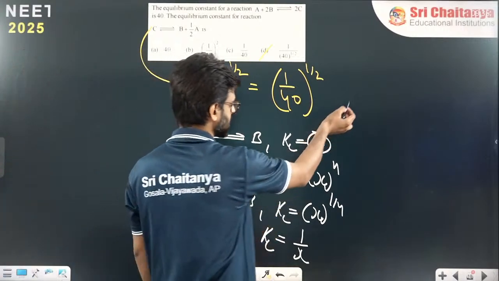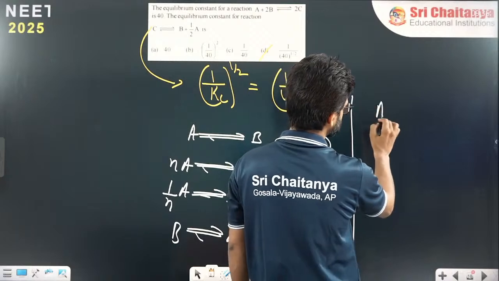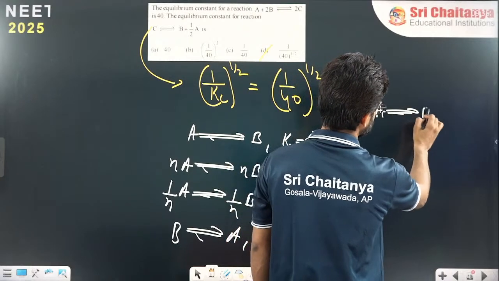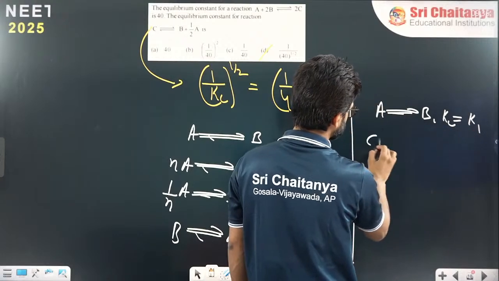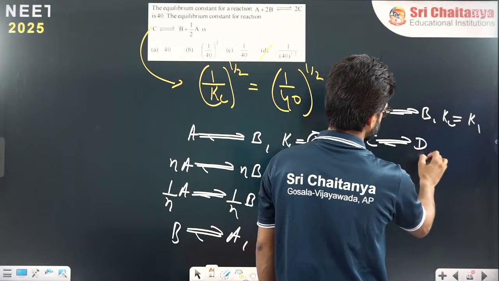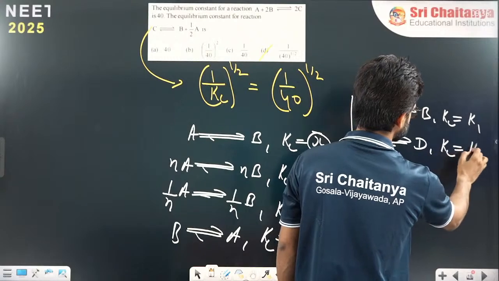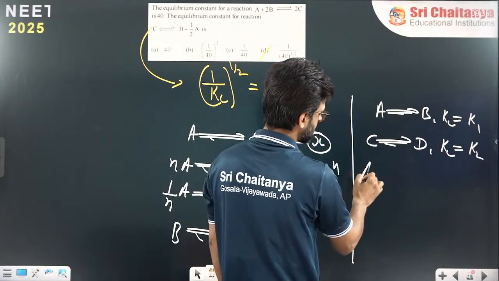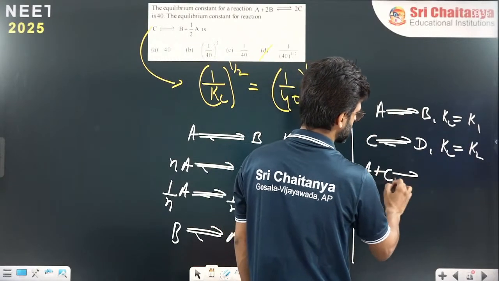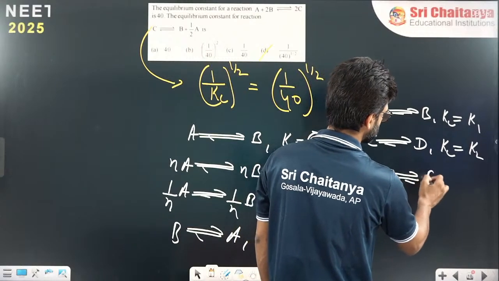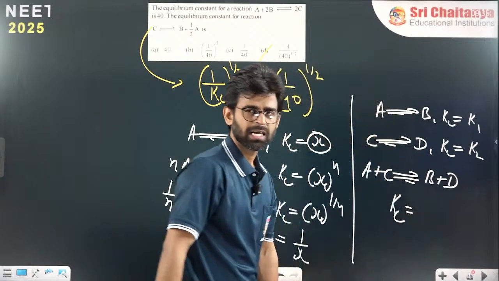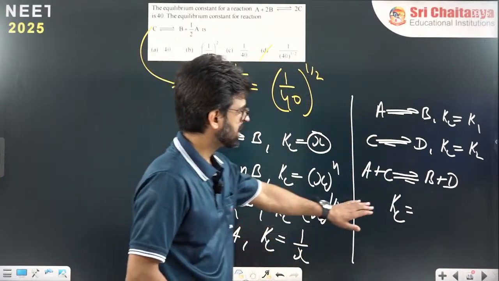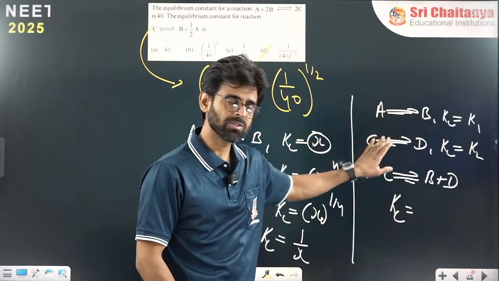And one more thing. Imagine I have the equation A giving B, its Kc is K1, and another equation C giving D, and its Kc is K2. They are asking for Kc of the equation A plus C giving B plus D. How can we get its Kc? We just add the above two equations to get the third equation.